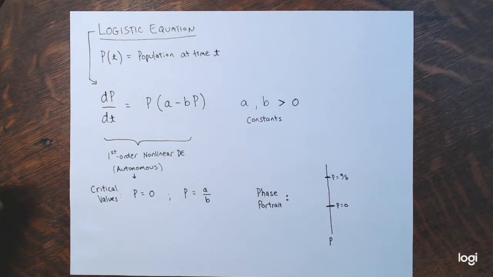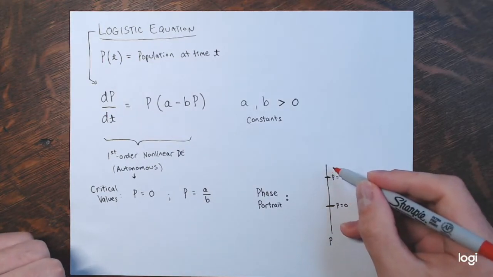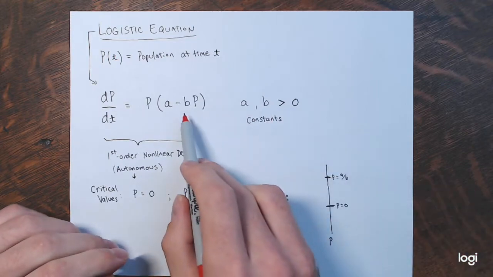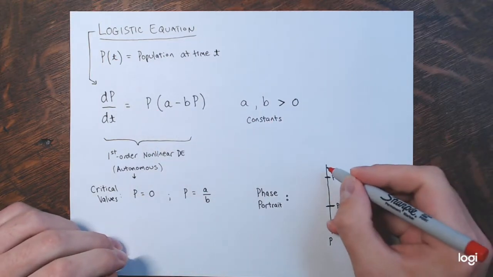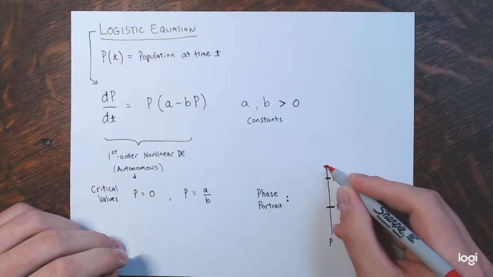Plugging in certain values: if I plug in something bigger than A over B, then we'll have negative values of dP/dt, so slopes will be sloping downward.